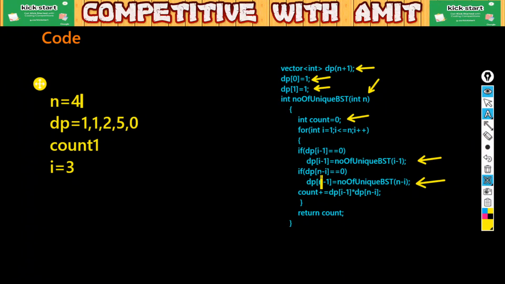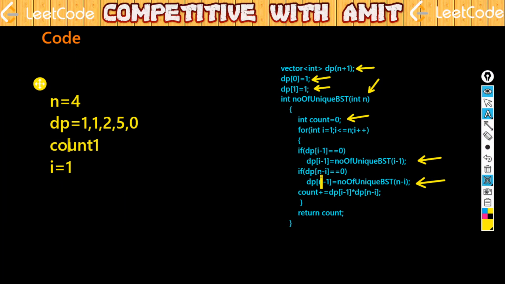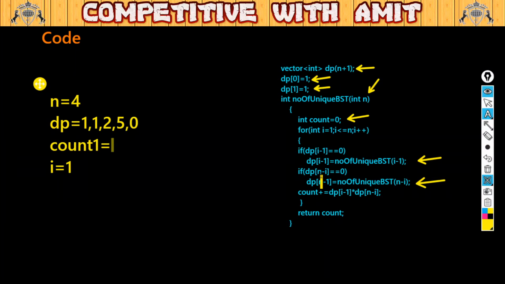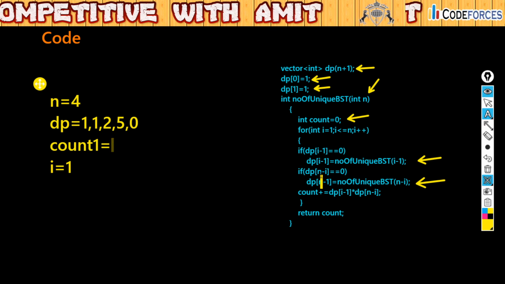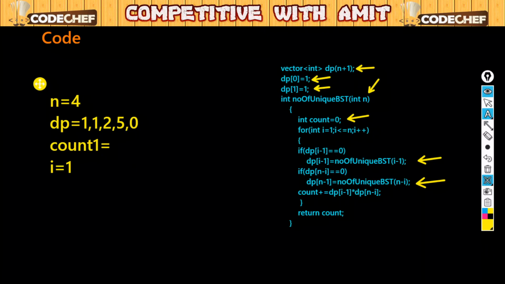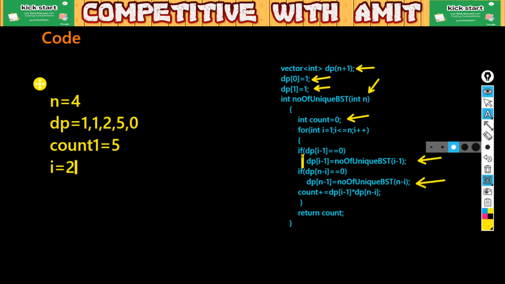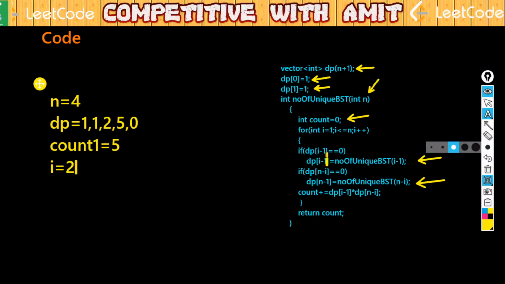Now we will execute it for n equals 4, and I previously is equal to 1 only. So first of all we will calculate the values for this. So count will be what? Count will be this value 1 multiplied by 5, it will be 5. After that I will become 2. Again if we check these both conditions, they become false.